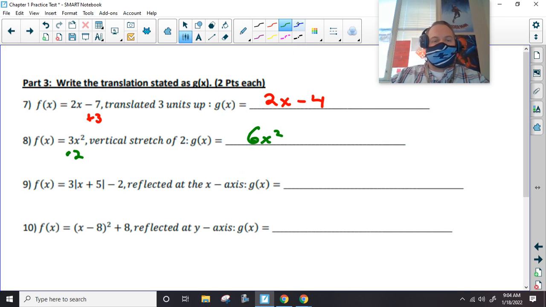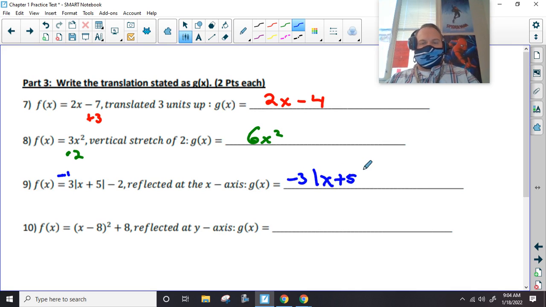All right. Number 9, it's reflected at the x-axis. Well, we just had a question on that. That means we're going to multiply everything by -1. So this is -3, absolute value of x plus 5. And then instead of -2, this becomes +2.